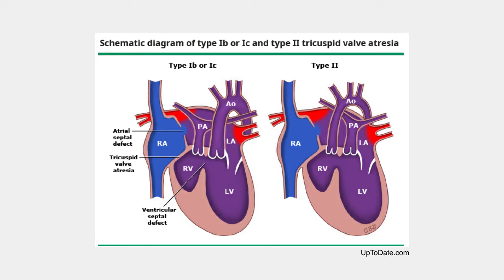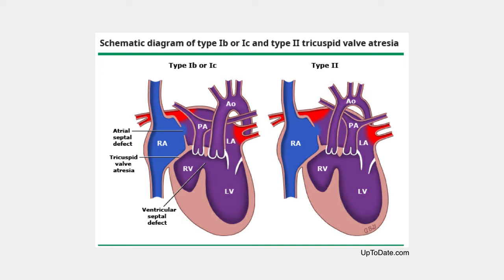Before we move on to the decision tree, let's look at the animated depiction here that I borrowed from UpToDate. Let's start on the left-hand side, type 1B or 1C, and pretend like we're the red blood cell moving through the heart with this lesion.